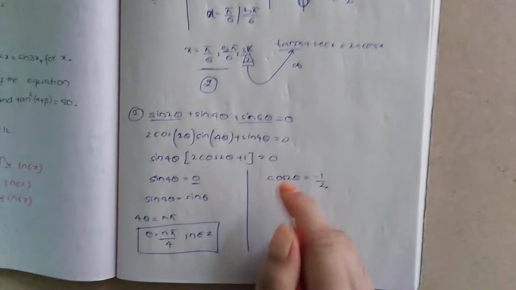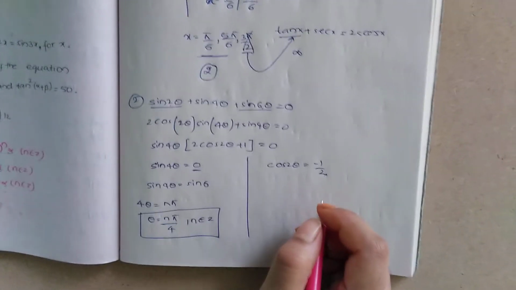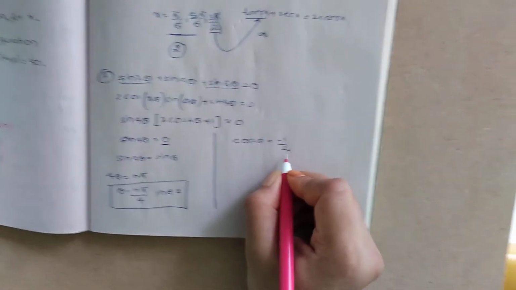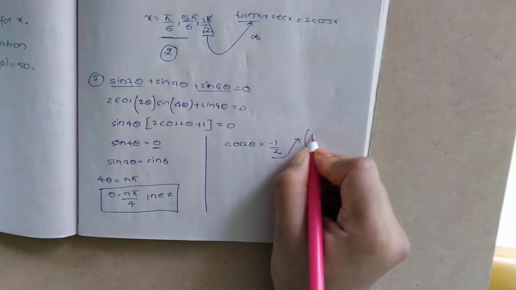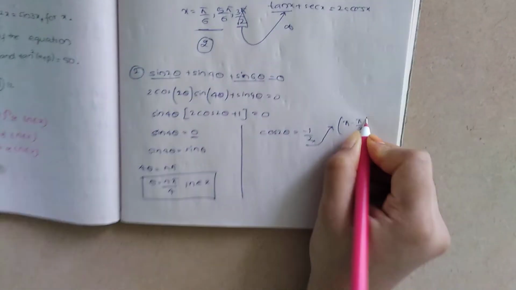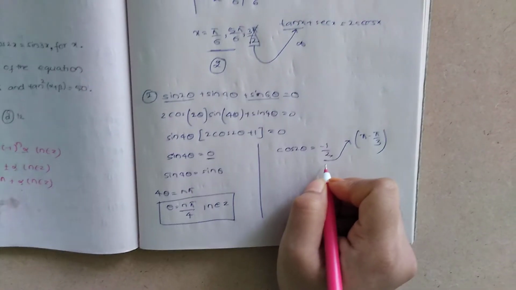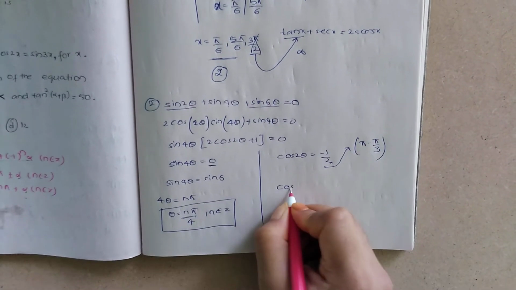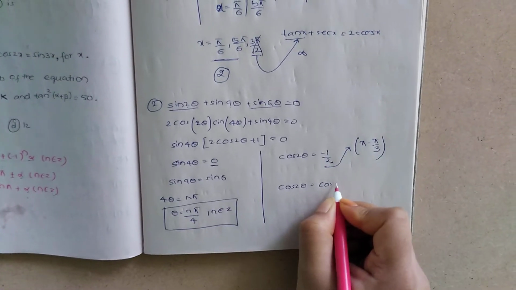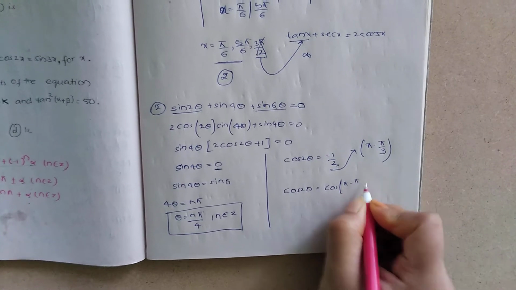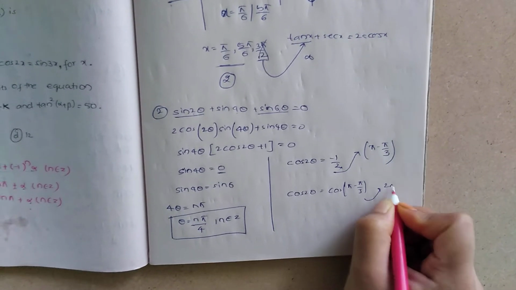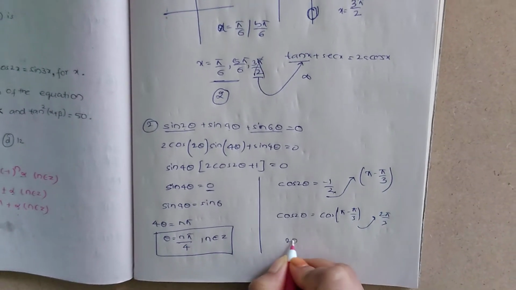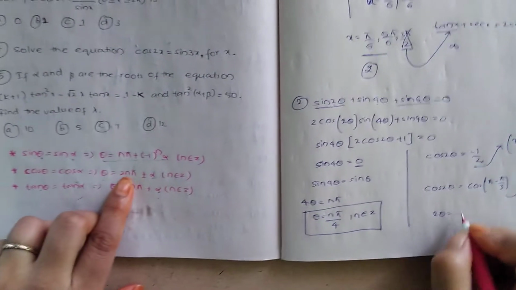Okay, let's solve this. Now we can write this thing as pi minus pi by 3. Pi minus pi by 3 value is minus 1 by 2. Yes, cos 2 theta is equal to cos of pi minus pi by 3, which is 2 pi by 3. So directly we can apply it. 2 theta is equal to 2.